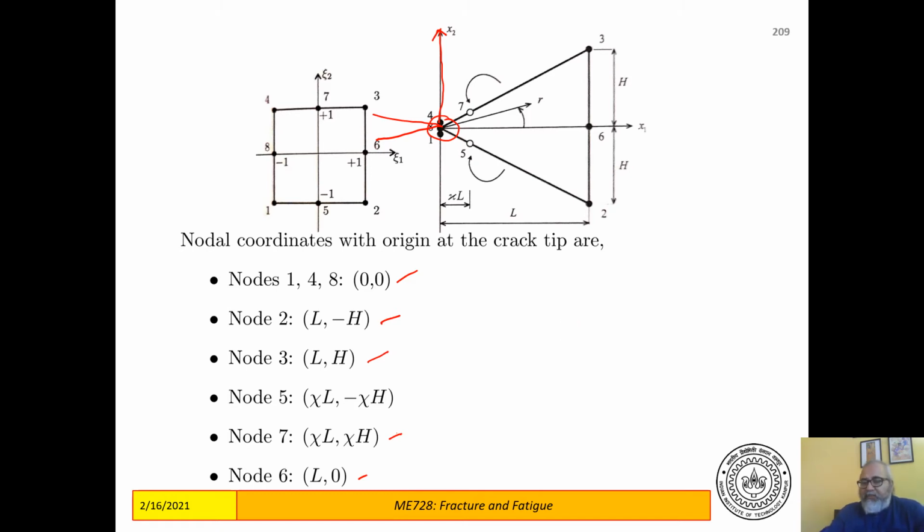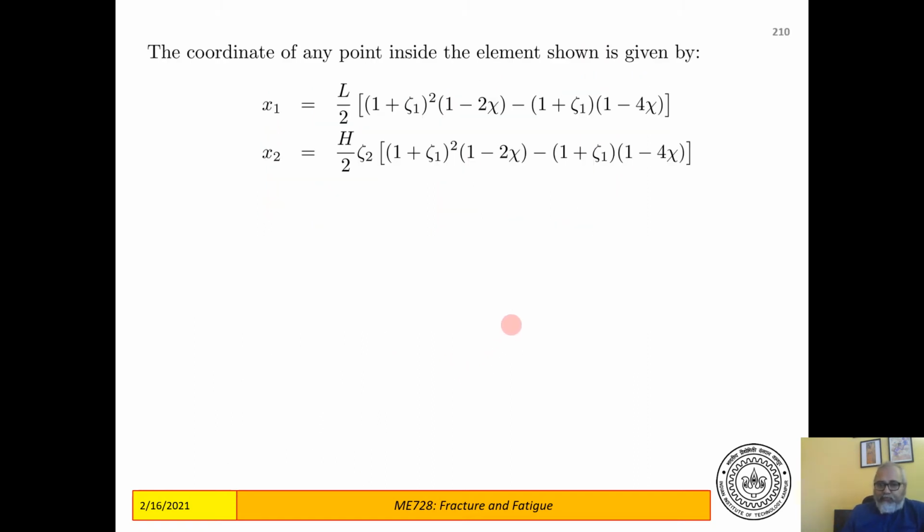Now we will put in these physical coordinates and try to find R. R is equal to root over x1 square plus x2 square, so we'll try to find R as a function of x1 and x2.